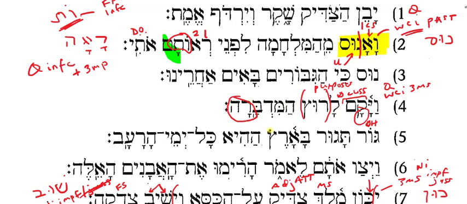It's just midbar. So if you know your lexical form and then you see a kametz hey that's unaccented, midbara, then what is that unaccented kametz hey? Yeah, it's giving direction, right? It's the directive or directional hey. He arose to run in a direction, and that direction was hamidbar, to the wilderness.